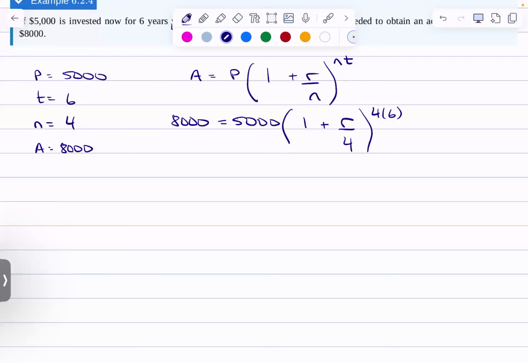Let's simplify this a smidge, not much, but a smidge. Let's start with that power: (1 plus r over 4) to the power of 24.